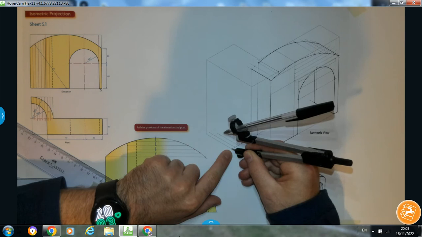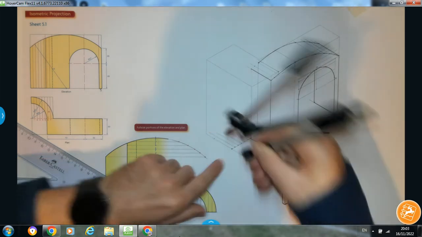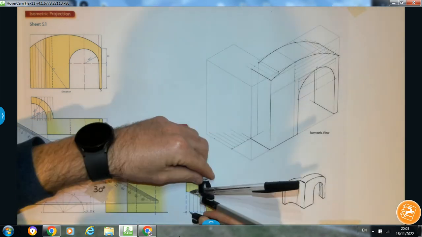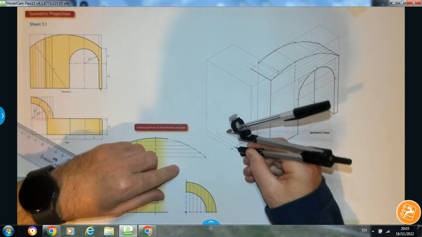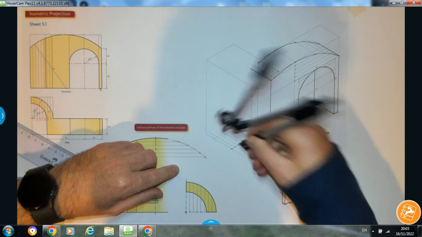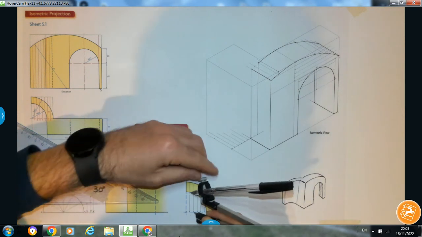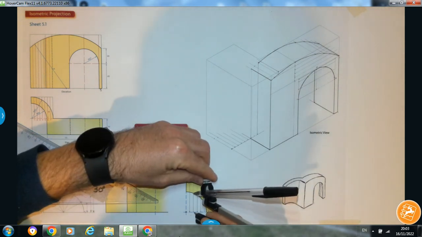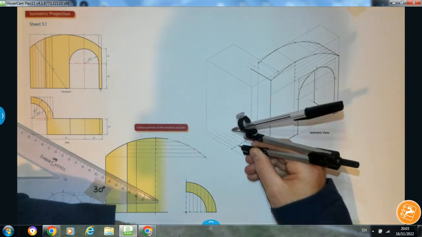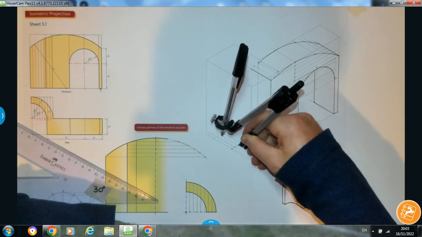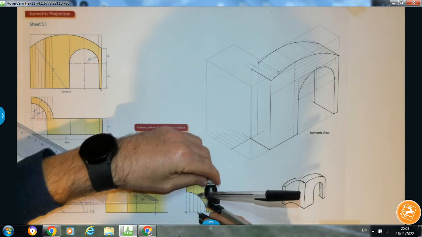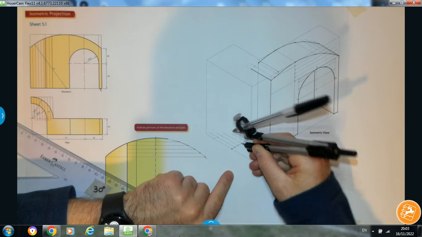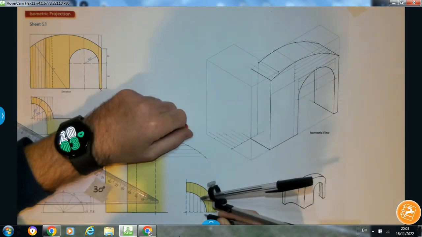I come to the first one here, mark it off, take the distance for the next one, slightly smaller, not much, just a little bit. There's the next one. For the third one, drop it down again. For the fourth one, just count them in. Make sure you're making no mistake.